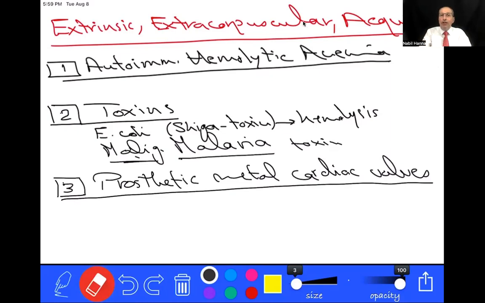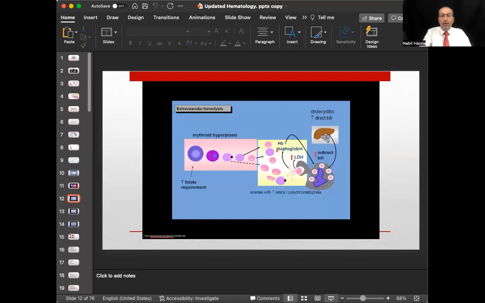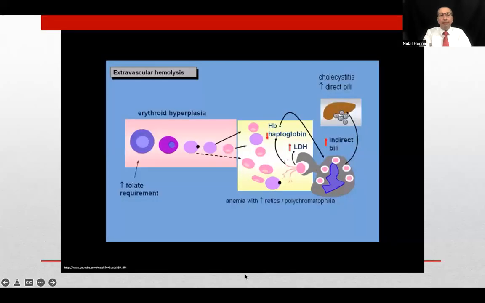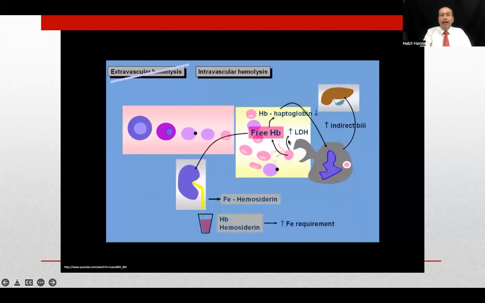Let me just review this in the PowerPoint slides before we talk about the clinical picture of hemolytic anemias. So these are the features of extravascular hemolysis. And intravascular hemolysis, we get in addition free hemoglobinemia, hemosiderinuria, and hemoglobinuria.